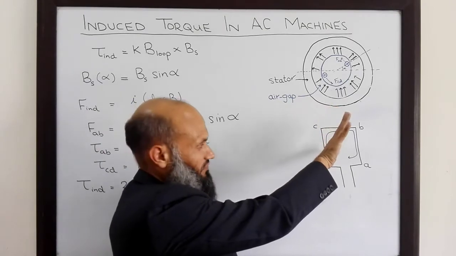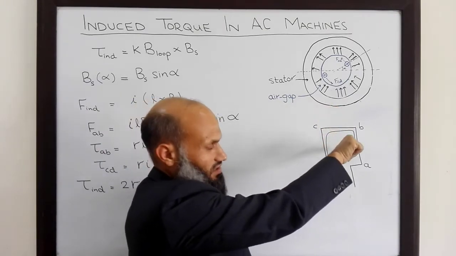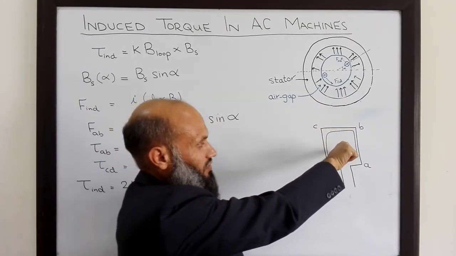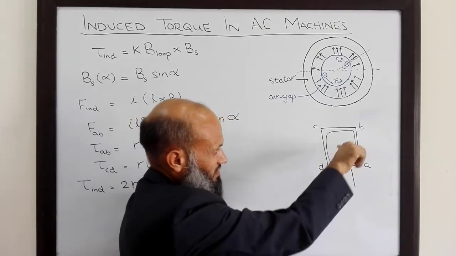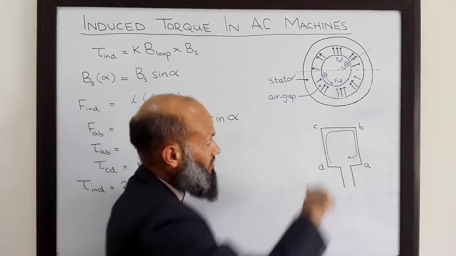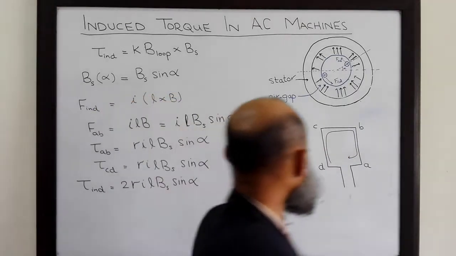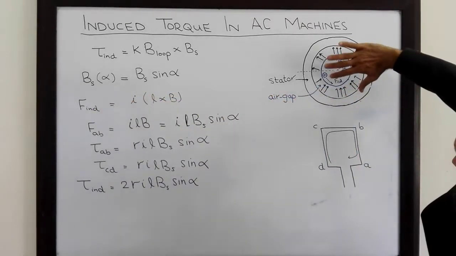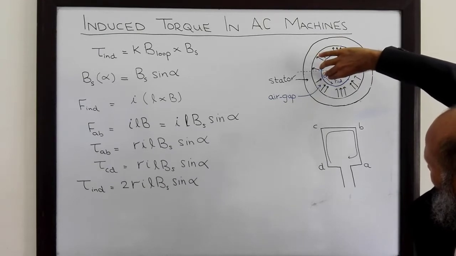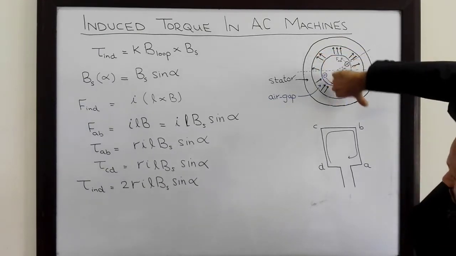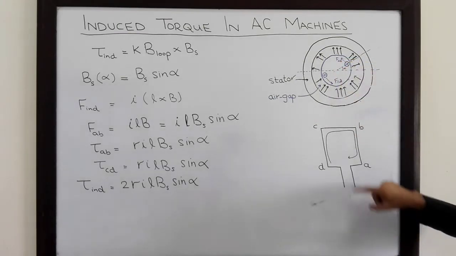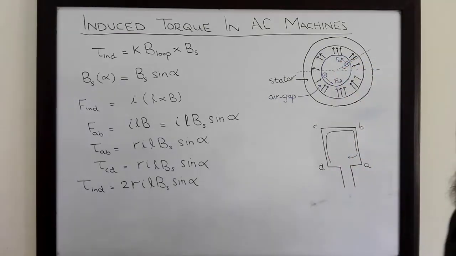That is, if you point fingers in the direction of current, the thumb will indicate the direction of the magnetic field. So this magnetic field due to this current is into the surface of the board in this diagram, and in this diagram, the current is entering over here and then is moving in this way. So the direction of the magnetic field due to this current in the coil is over here.